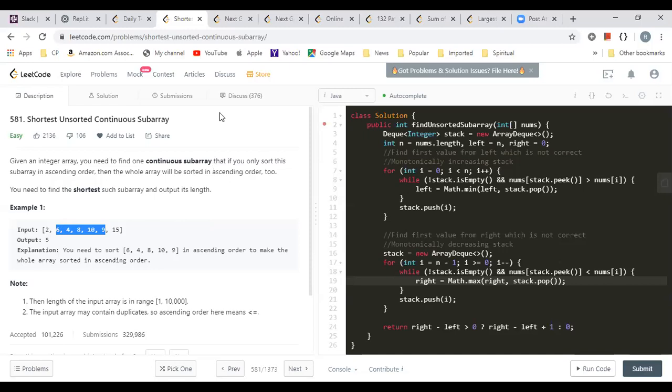I can try to explain on the drawing board also, but let me go through it.